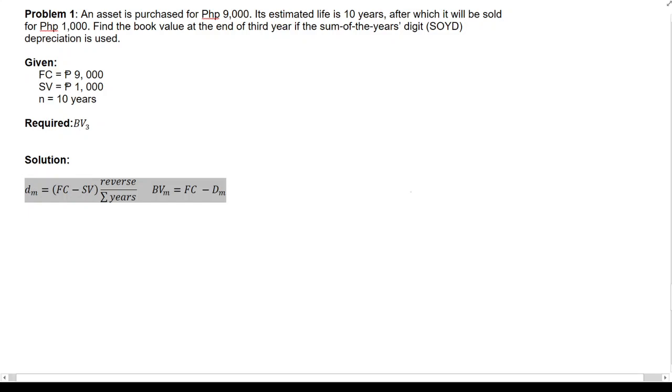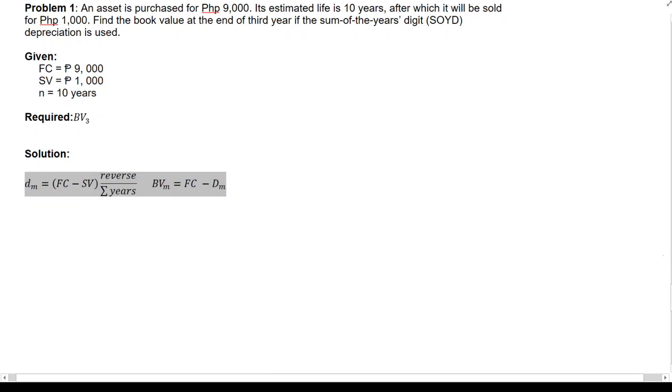Find the book value at the end of the third year, that is BV at the third year, if the sum of the year's digits depreciation is used. So FC, the first cost, is equal to 9,000, salvage value 1,000, and the useful life N is 10 years. We are asked to have the book value at the third year.